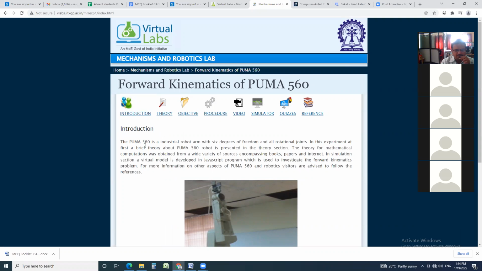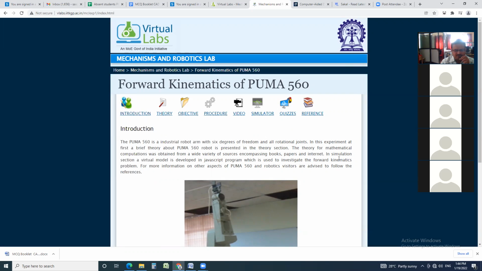Introduction. The Puma 560 is an industrial robot arm with 6 degrees of freedom and all rotational joints. In this experiment, at first, a brief theory about the Puma 560 robot is presented in the theory section. The theory for mathematical computations was obtained from a wide variety of sources encompassing books, papers, and internet.